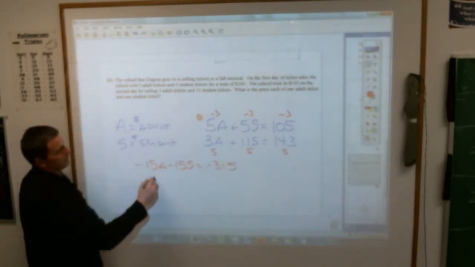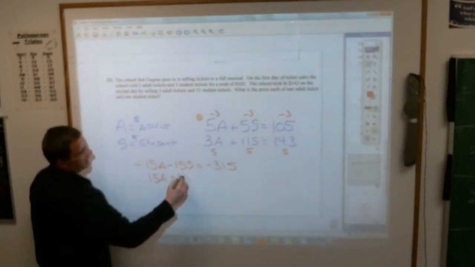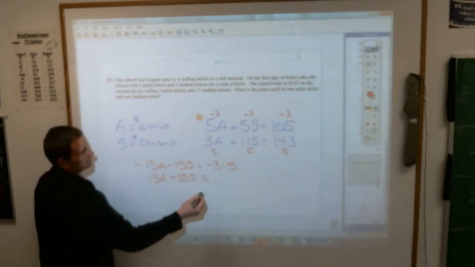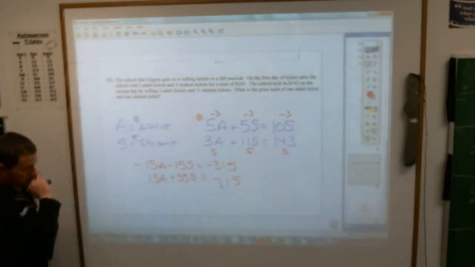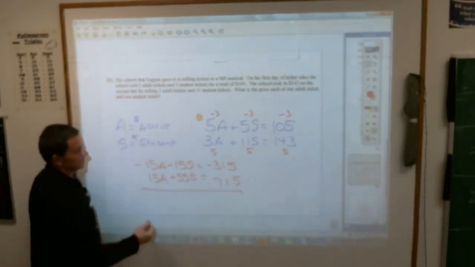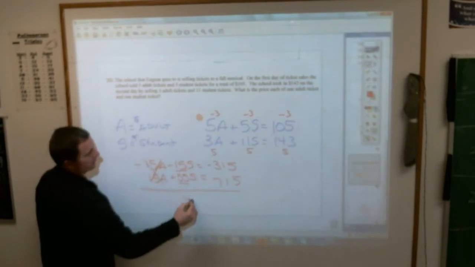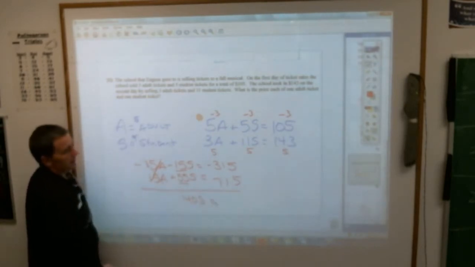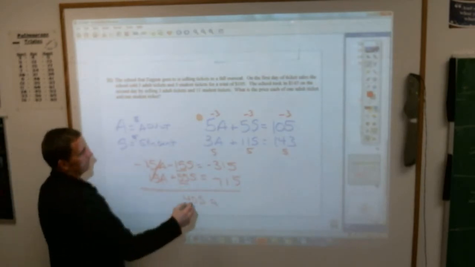And the second one is going to be 15a plus 55s equals 715, hopefully. And the a's go away. 55 minus 15 is 40s, and 715 minus 315 is 400.